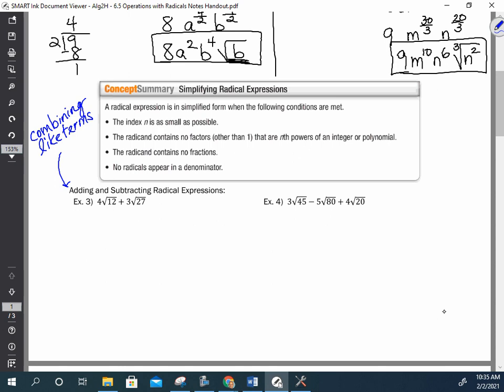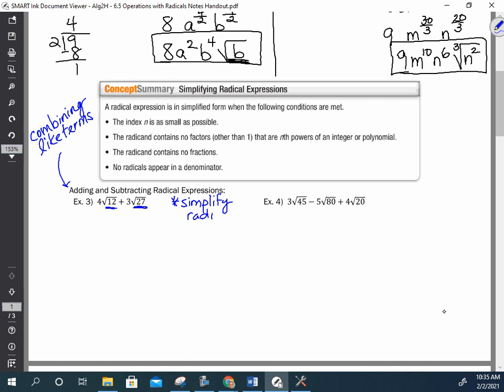So right now, for example 3, you have the square root of 12 and the square root of 27. You cannot put those together because they're not the same radical. So since they're not the same radical, your thought process is going to be to simplify the square roots.